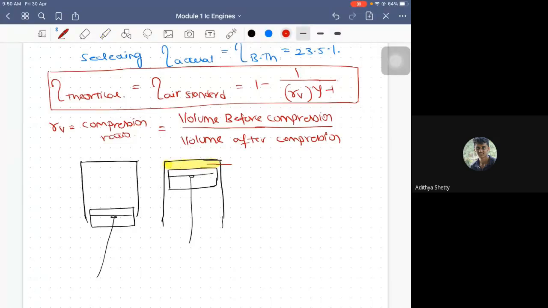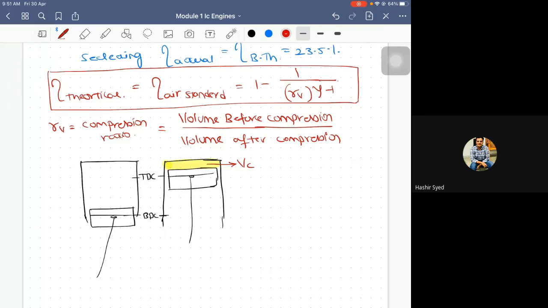This particular volume is known as what? This position is top dead center, and this position is bottom dead center. Now, at the TDC after compression, only a small amount of volume would be there. I would call that the clearance volume. Understood? So there is a clearance volume.